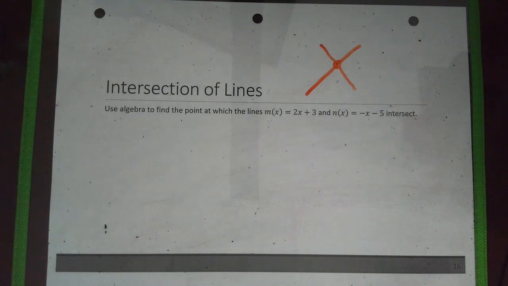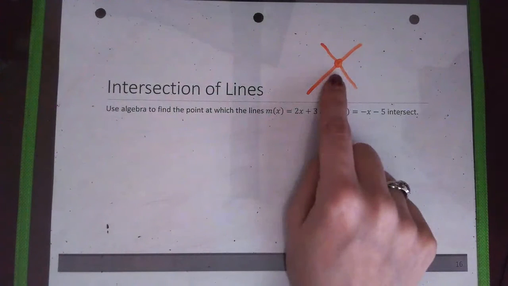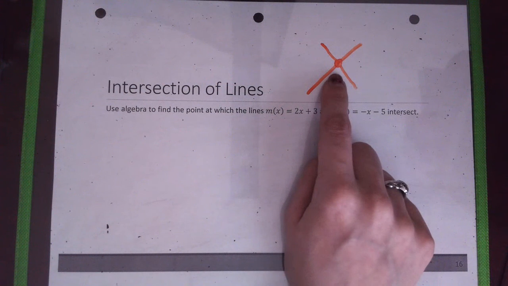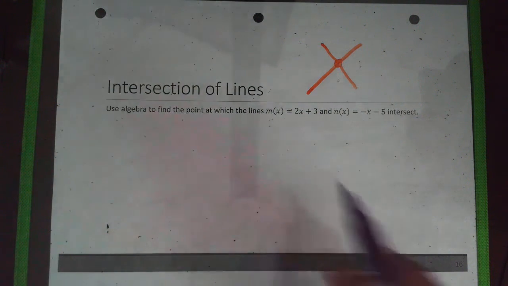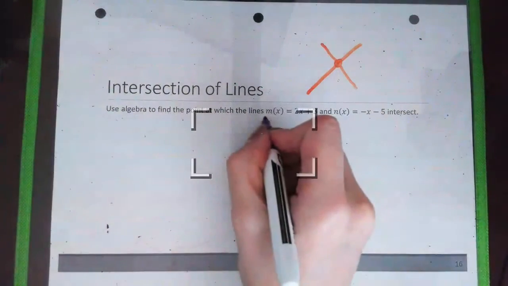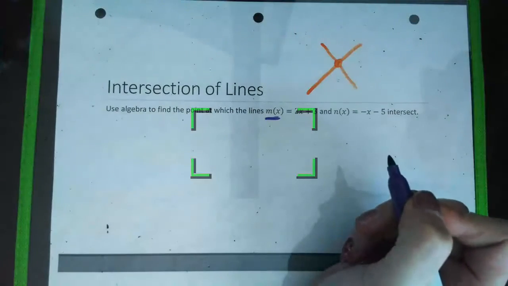So how are we going to use algebra to do this? Well, at this point of intersection, the x value and the y value are the same in both equations. Because this point is on both lines, when we are sitting at that point, the x value and the y value are the same. Well, the y value of this first function is given by m of x.